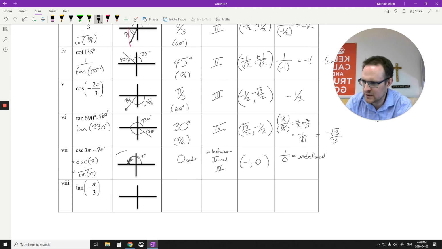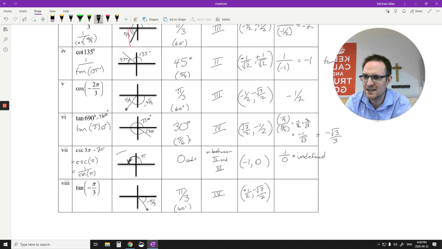Negative 1/3 pi, so I'm ending in this quadrant down here. Negative 1/3 pi. 60 degrees, quadrant 4. 60, that means my y value is the longer side. So these are my two numbers here. And it's going down, but over to the right.